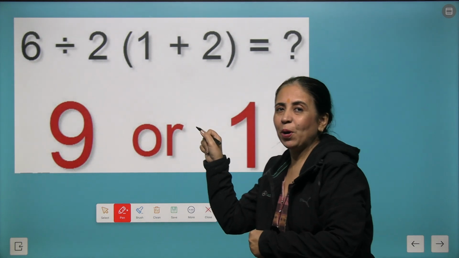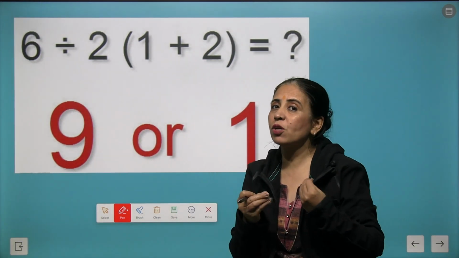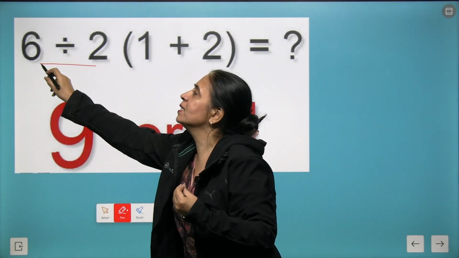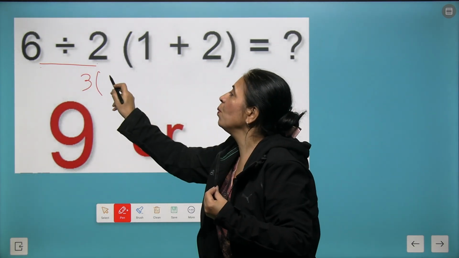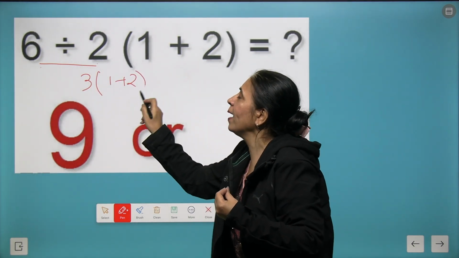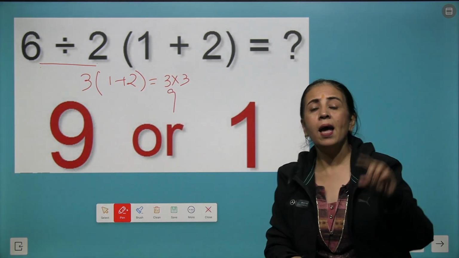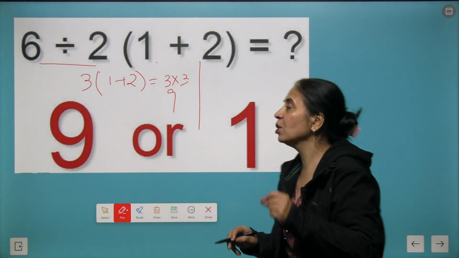So here we have a question, and a very interesting thing: there were two friends trying to solve the question. The first one first did 6 divided by 2, he got 3, and then 1 plus 2 is again 3, he got 3 multiplied by 3, that's 9. So the second friend said, let me try solving the question also.